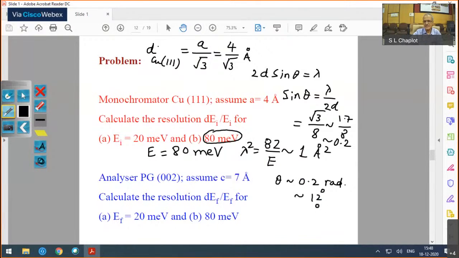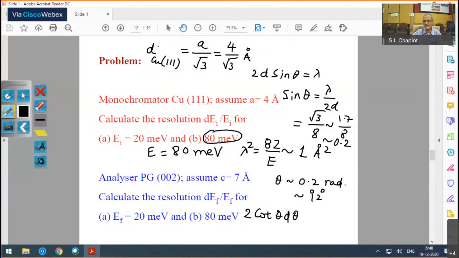Okay, so that's about it. And the corresponding sine theta is lambda by 2d. Now we just said what the resolution is. Resolution in energy is 2 cot theta d theta. So now let's see what cot theta is. I need to calculate cot theta.